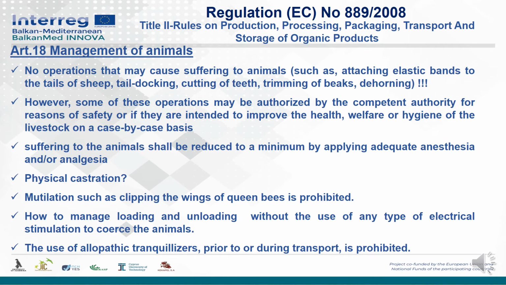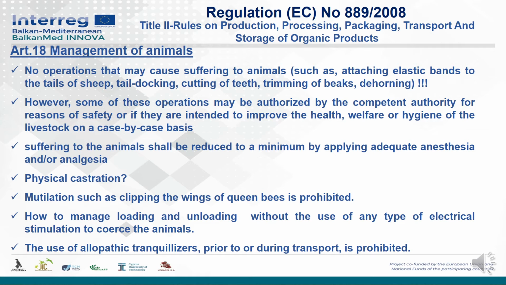Article 18. Management of animals. No provision that may cause suffering to animals, such as attaching elastic bands to the tails of sheep, tail docking, cutting of teeth, trimming of beaks, dehorning, and so on.